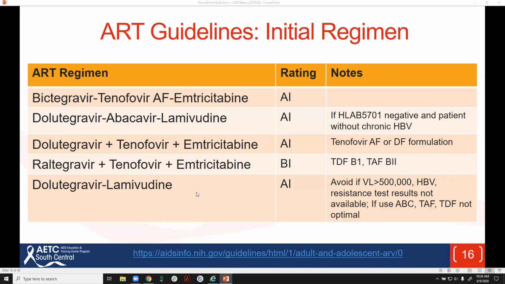However, because I said before that lamivudine or emtricitabine is the most common medication used in HIV, the most common mutation in people on antiretroviral therapy is also against lamivudine or emtricitabine. And so it is possible that someone was infected with virus that does have that mutation, which would make lamivudine not work, and then it would reduce that regimen to a 1-drug regimen, and that would not be advisable. And so we would want the resistance test available at that time. And usually we're thinking about this 2-drug regimen when, for whatever reason, we don't want to use tenofovir or abacavir.